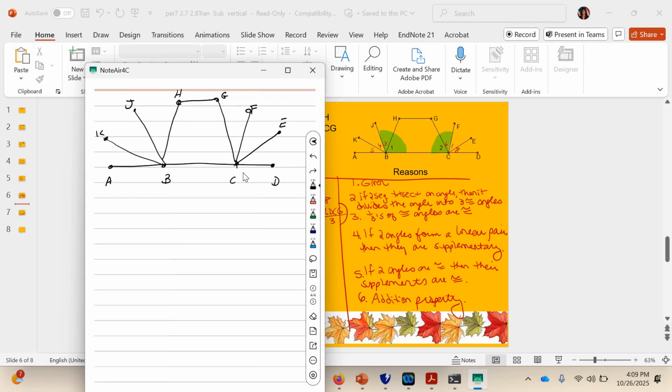I'm going to label them the same numbers she has. This is 5, 4, 3, and this is 1 over here, and this is 2, 6, 1, 8.